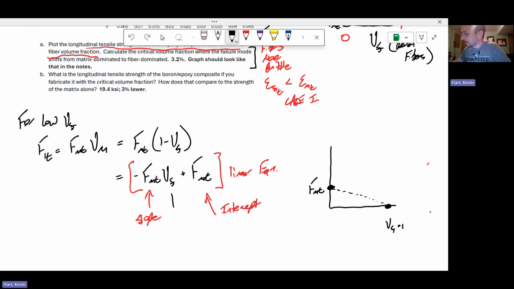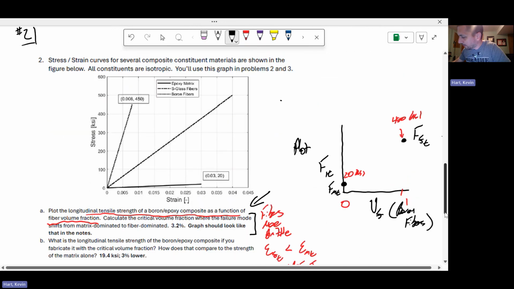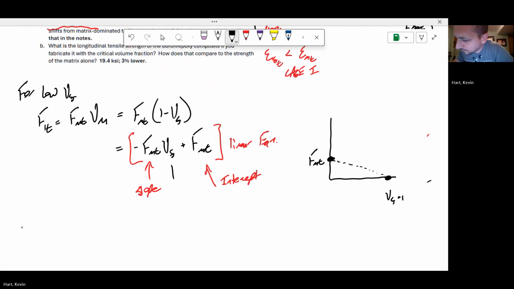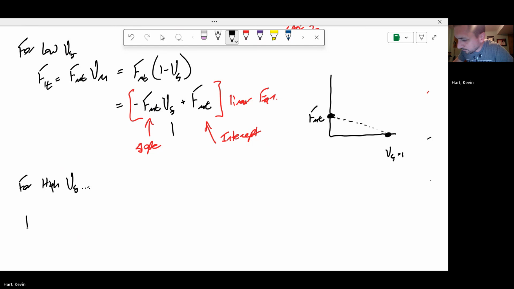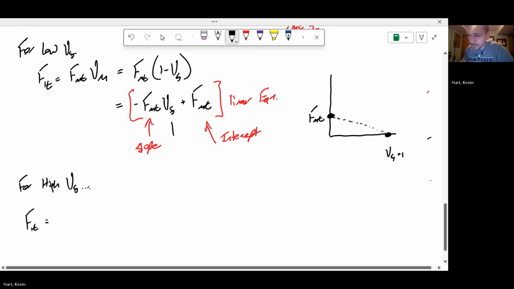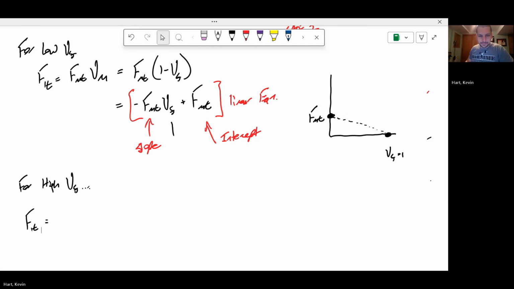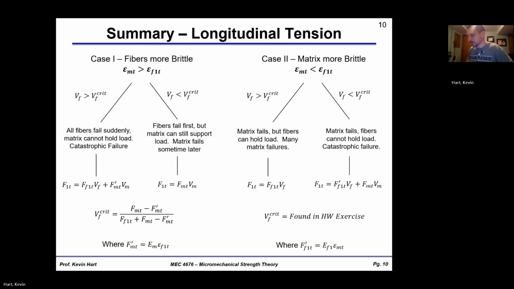Now let's look at the other side of the coin, the high volume fraction. Bring in our flowchart again. If volume fraction is high, so VF greater than VF critical, we have this sort of equation that governs the failure.